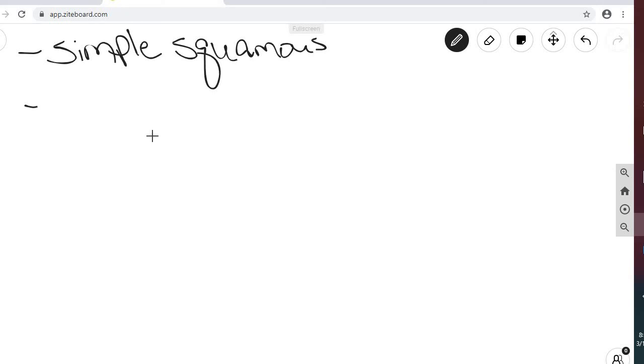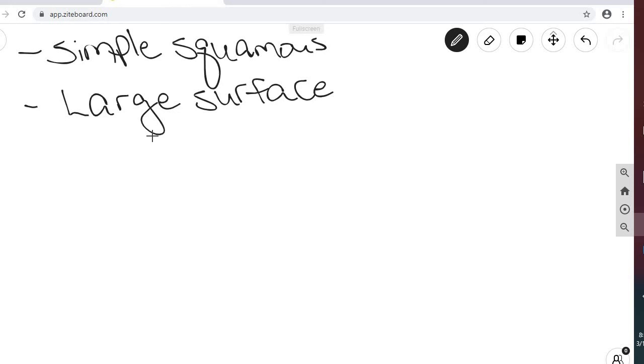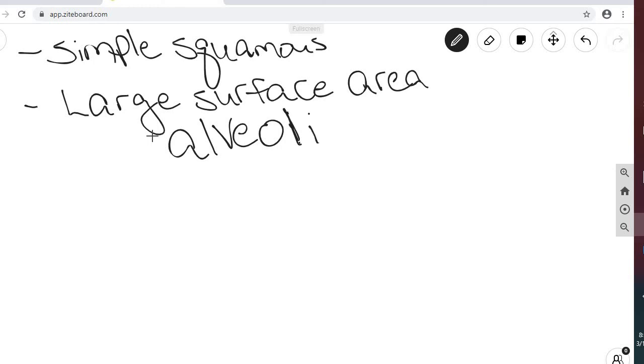The other is a large surface area. When the bronchioles divide into the alveoli, there are many, many alveoli, so there's a very large surface area for oxygen and carbon dioxide to move across between the blood capillaries and the alveoli.